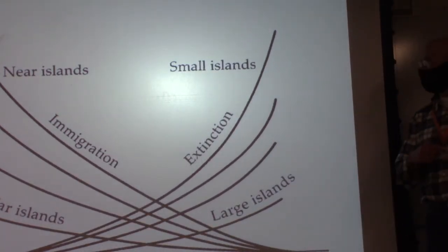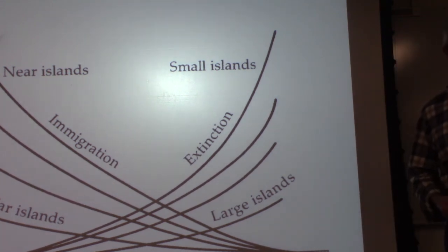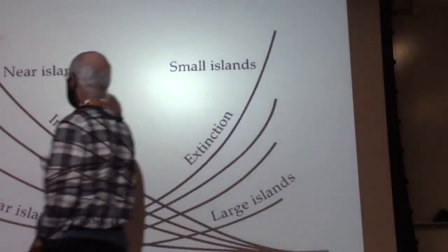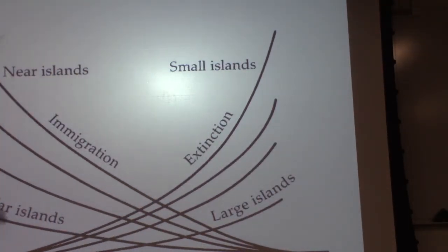Okay, let's concentrate on immigration to the island. Your rate of immigration to the island is going to be a function of whether you are near or far. The closer you are to the source, the closer you are to the mainland, the higher your rate of immigration to the island. It's a bigger target. It's easier to get to. Okay? So if you're close, the rate of immigration is going to be high. As you get farther and farther away, the rate of immigration gets lower.